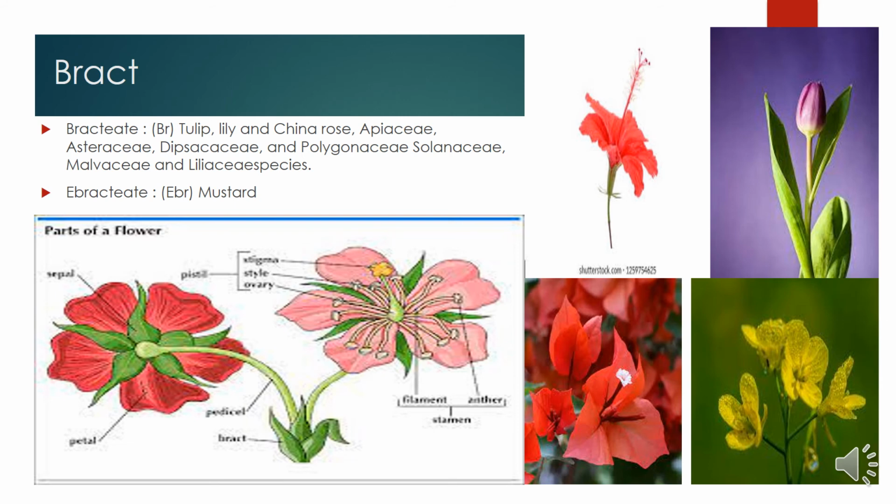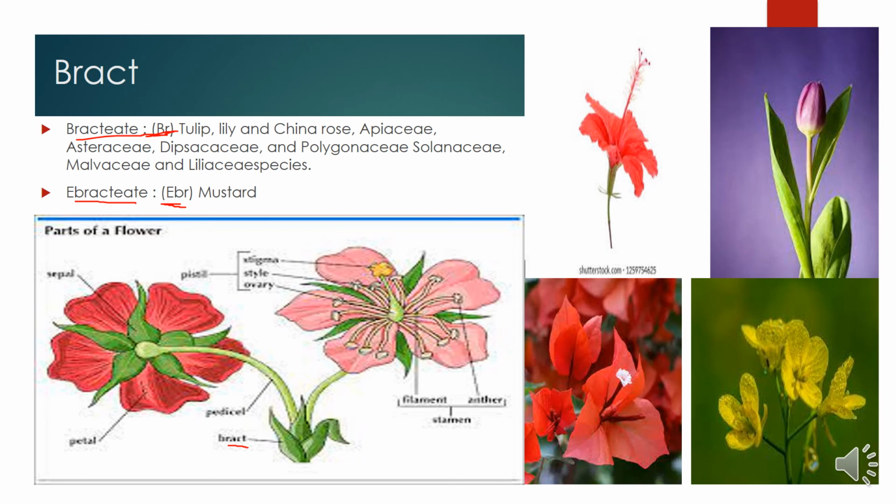We see that many flowers are bracteate, so they have bracts, and when bracts are absent, then it is called ebracteate. Here we see that this is the flower, and this one at the base of the pedicel or the stalk is the bract.